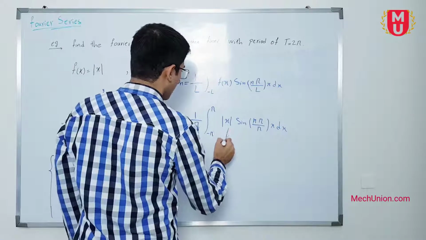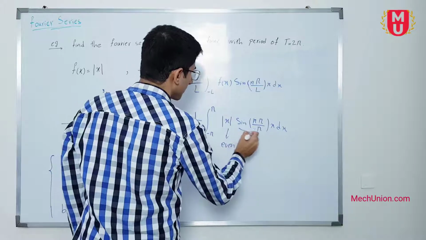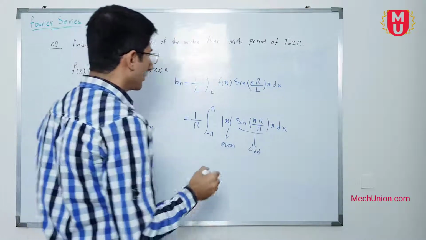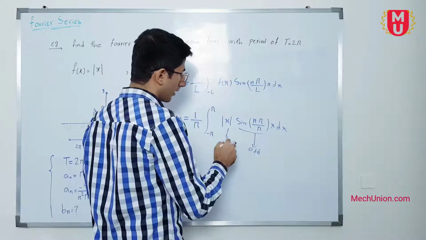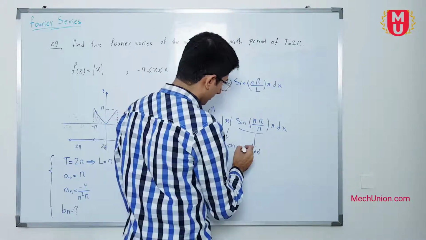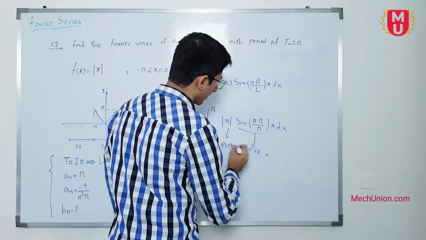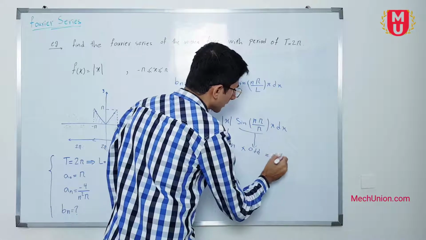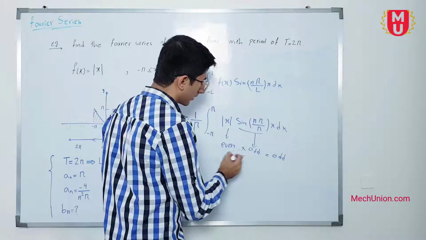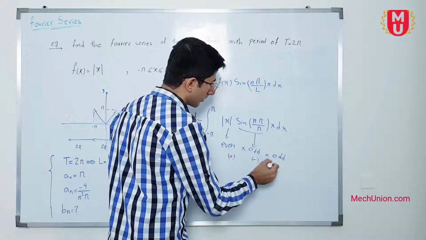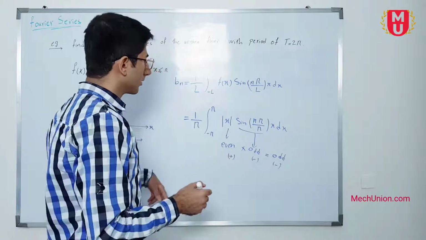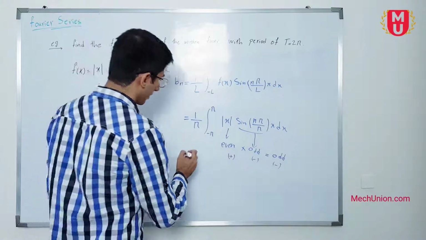This is an even function. This is an odd function. An even function times an odd function makes an odd function. You can think of the even function as minus and plus and the odd function as minus, which will become minus. And if we integrate an odd function in a symmetric region, it will become 0.